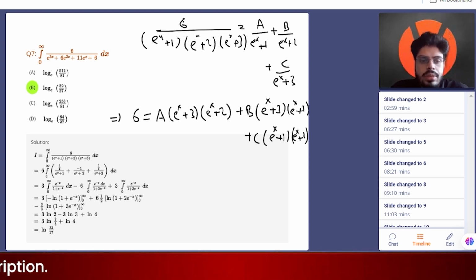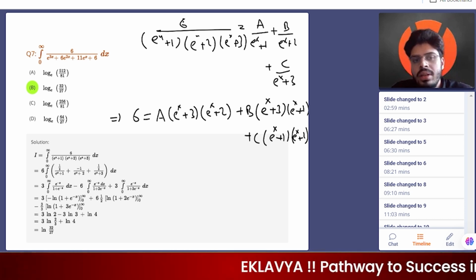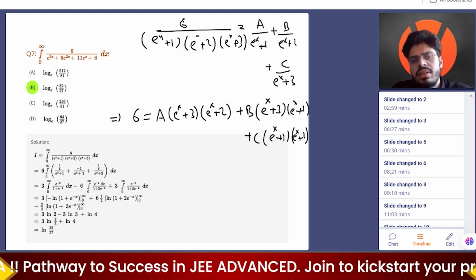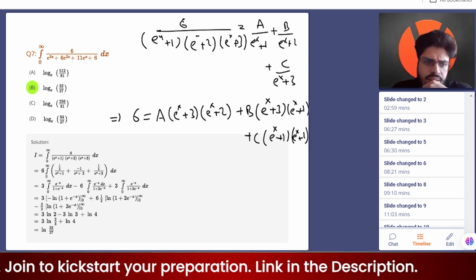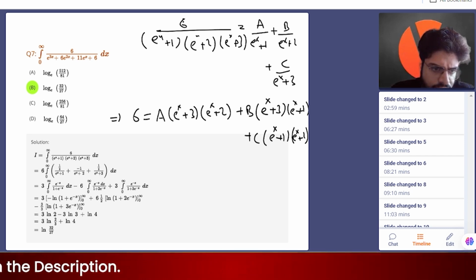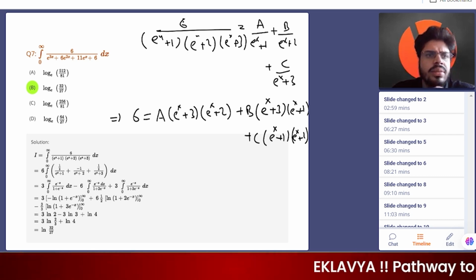So first, if you put here x equal to, let's say, log 1 by 3, now basically we have to make this as 0. Now we can substitute with x only. No, we should have done with x.